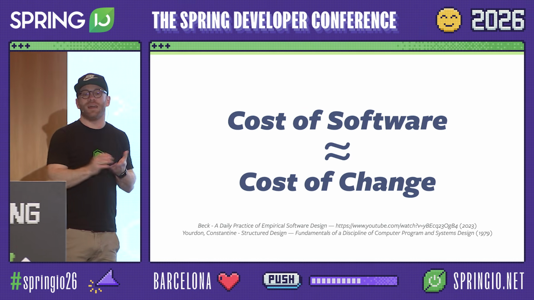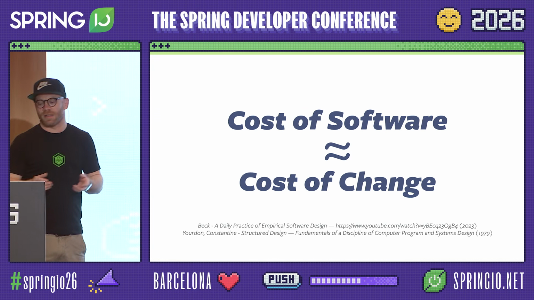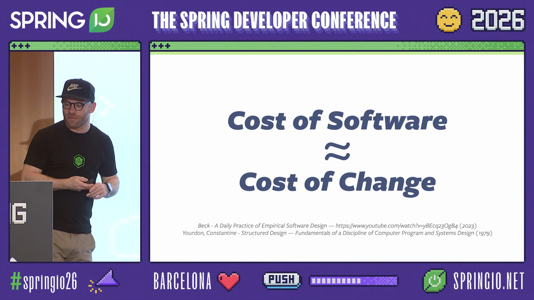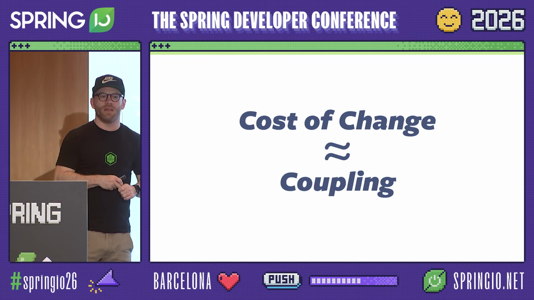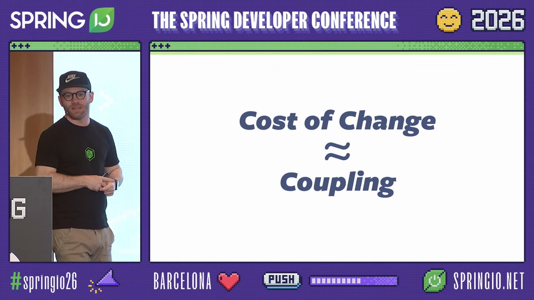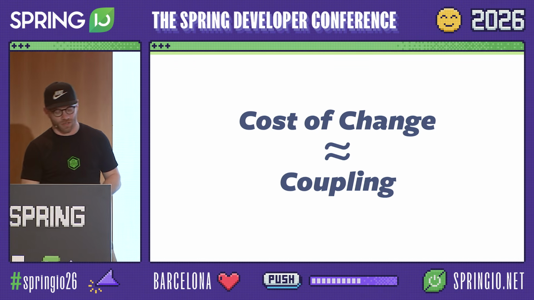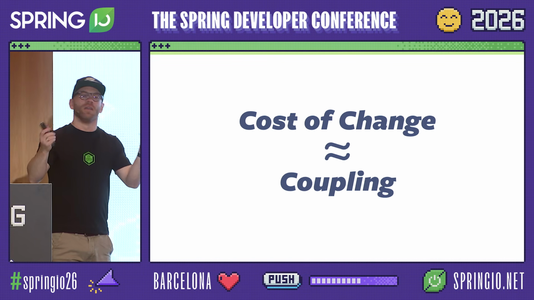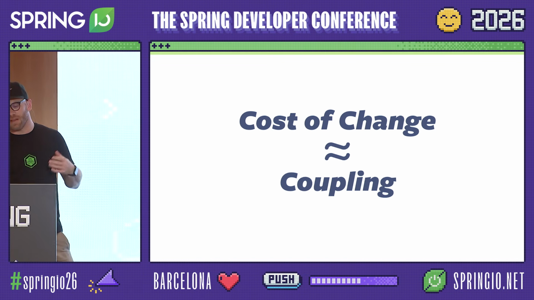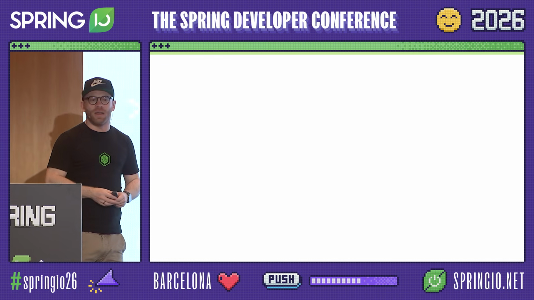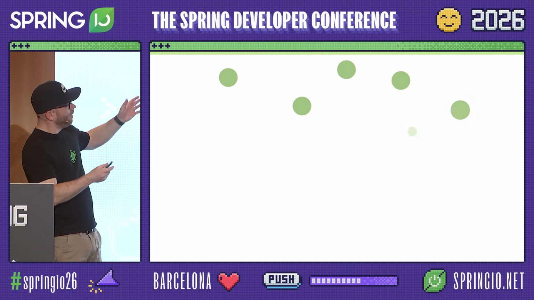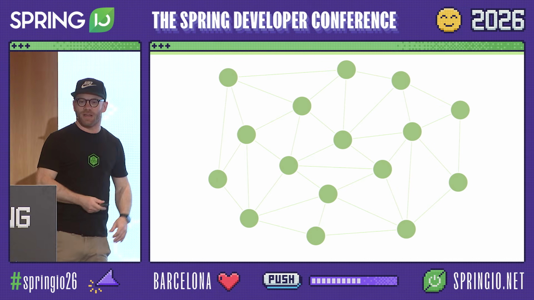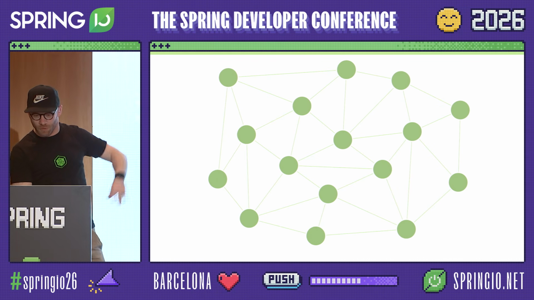So the question then is, what's the cost of change? How do you estimate it? Yourdon and Constantine come to the realization that essentially the amount of coupling in your code base is equivalent to the cost of change. So what does coupling mean in their definition? There are metrics around it, but they ultimately define coupling as a figurative web of elements in your software system, like classes, functions, what have you.